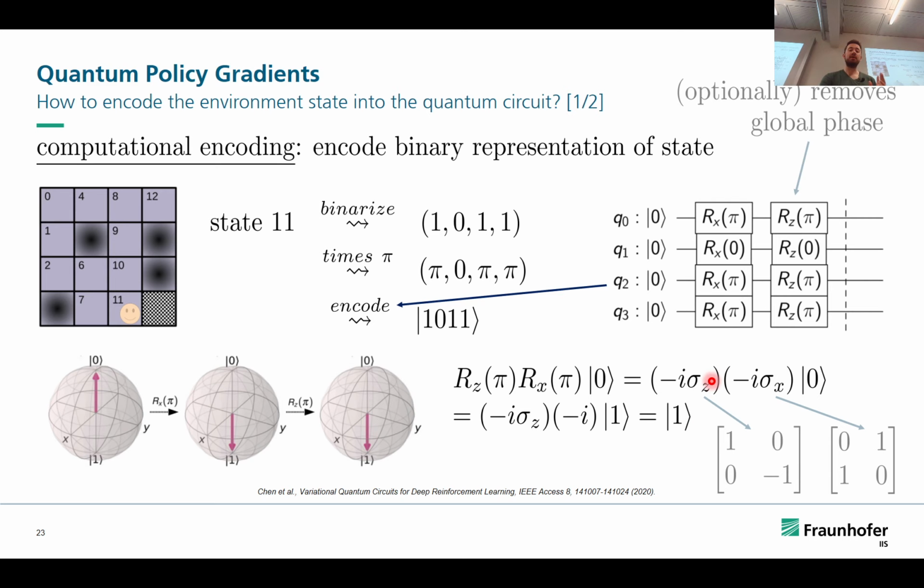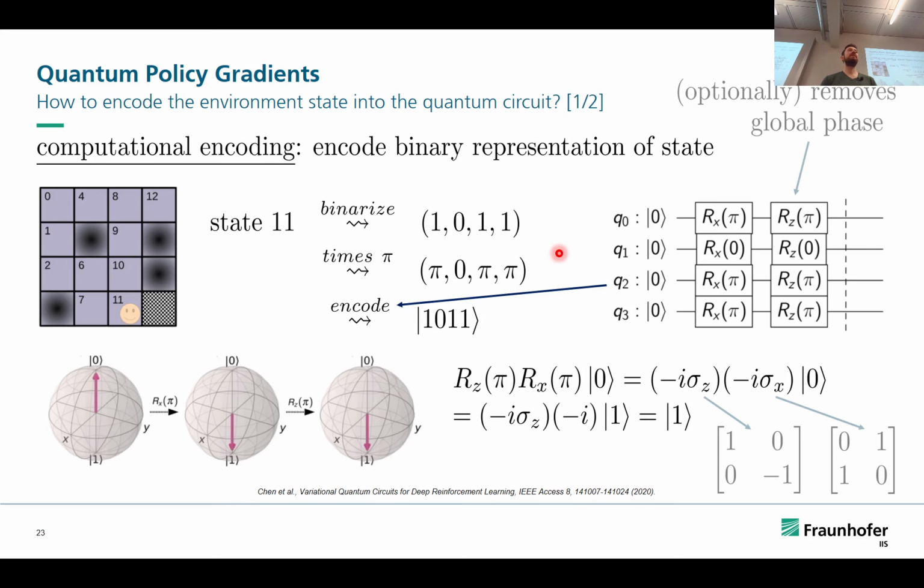On the other hand, if you use parameter 0, then we don't apply any rotation at all and stay in the 0 state. So what we did here, we started with the classical state 1, 0, 1, 1 and encoded it into the quantum state 1, 0, 1, 1.